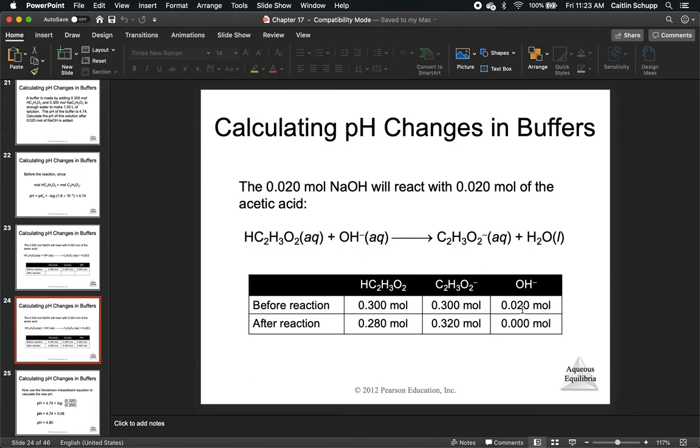So for every one of these goes away. So minus 0.020 moles will get us down to 0, and minus 0.020 moles on this side will get us down to 0.280. We know that when that happens, we're also going to then create the stuff on the right. So we know we're going to be creating 0.020 moles of this particular conjugate base. So now we know what our after reaction is.